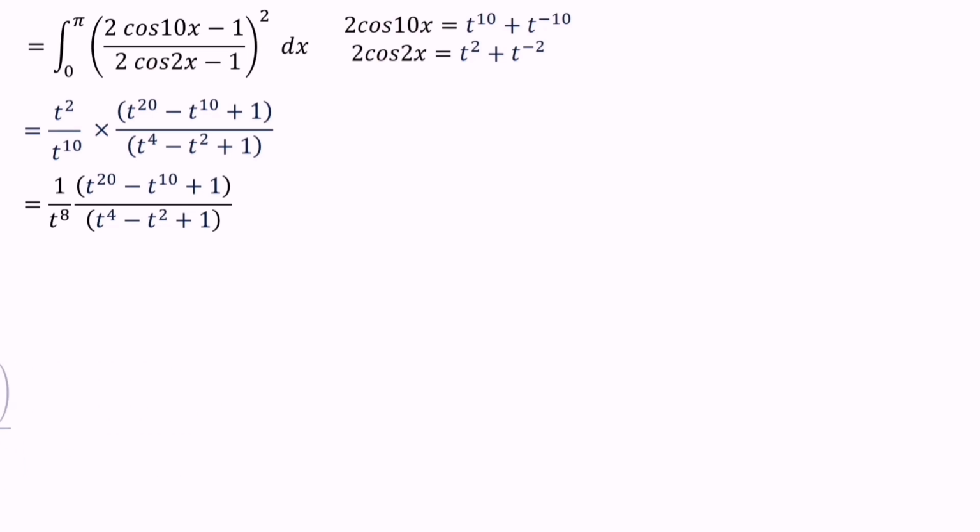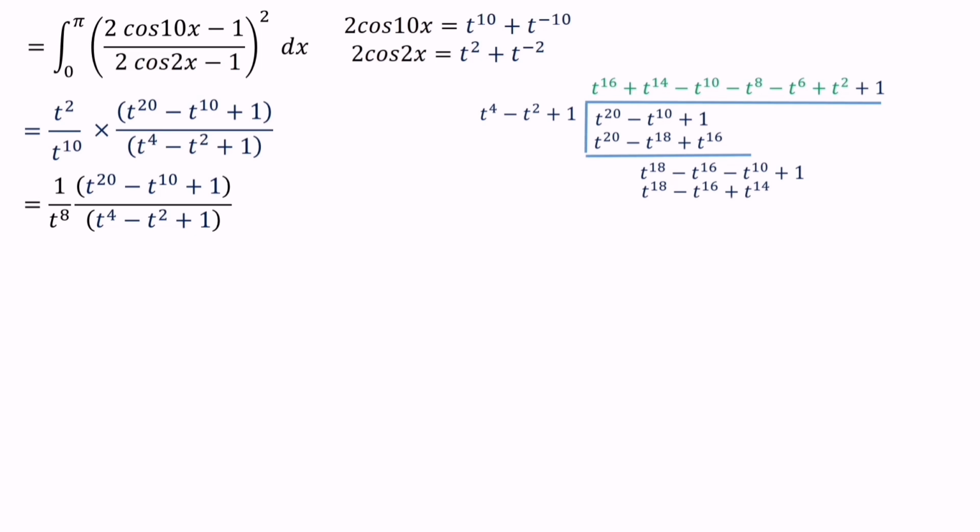Now we need to simplify t to the power of 20 minus t to the power of 10 plus 1 over t to the power of 4 minus t squared plus 1. To simplify this, we need to express the numerator in terms of the denominator. Then we can cancel out the numerator and denominator. To do this, we can use long division.